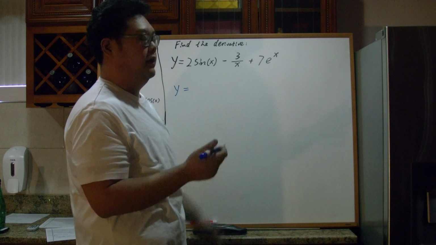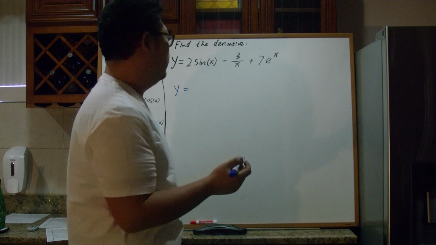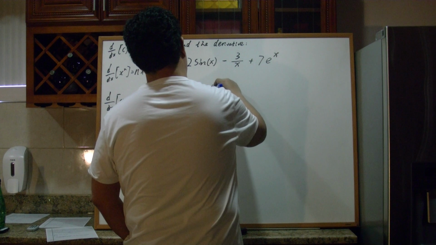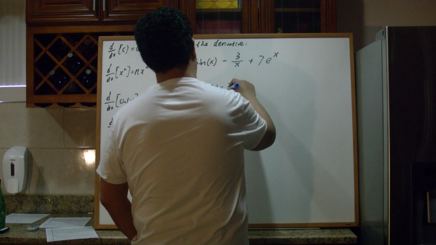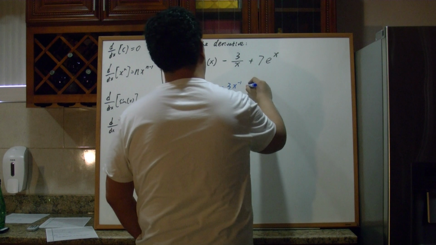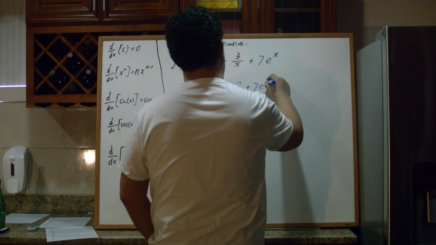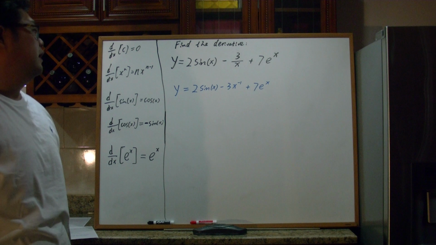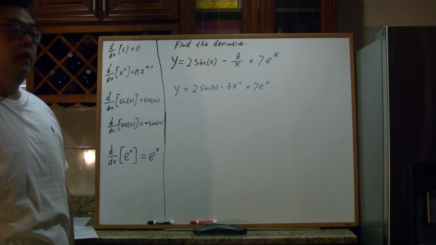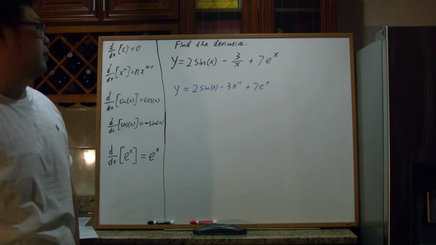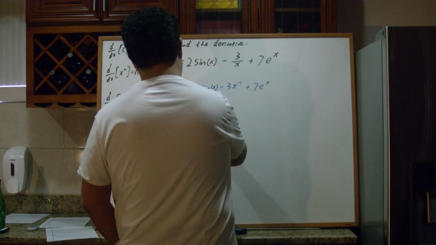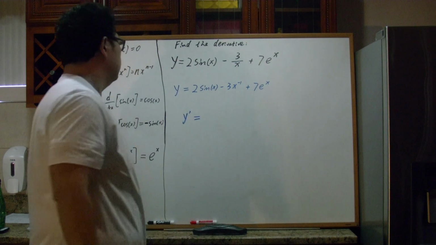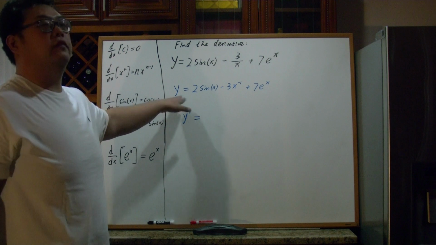Flip it up to x to a certain power, which means at least making it able to apply the power rule. So like that, we need a step to transform.